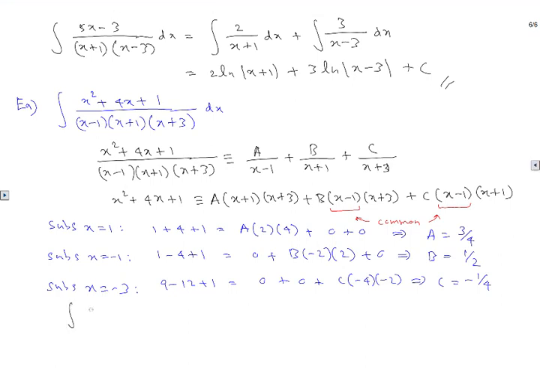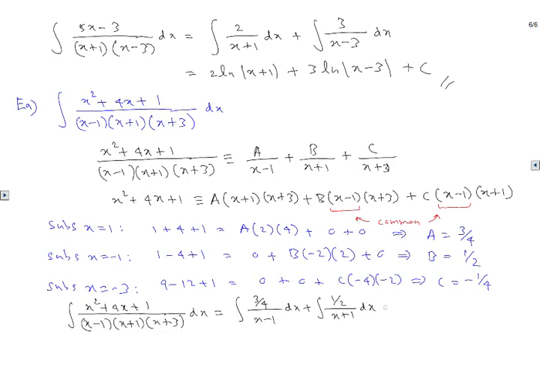We're going to have the integral of x squared plus 4x plus 1 over x minus 1, x plus 1, x plus 3 dx equal, so a is 3/4 over x minus 1 dx, plus b is 1/2 over x plus 1 dx, and then minus 1/4 over x plus 3 dx.